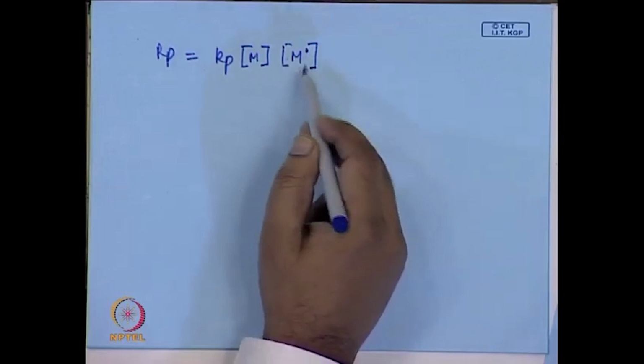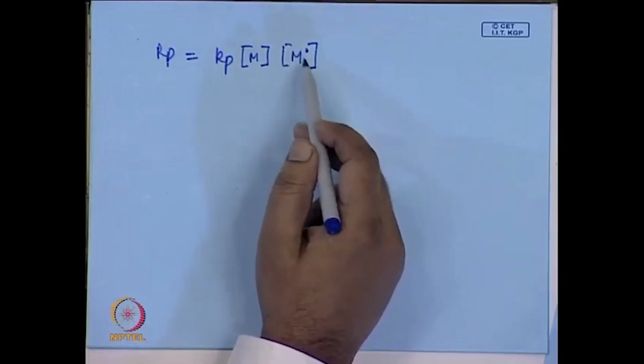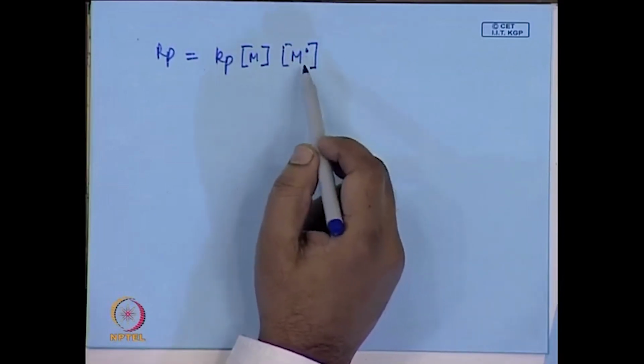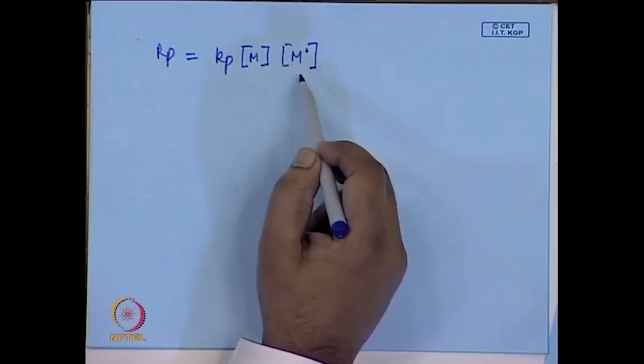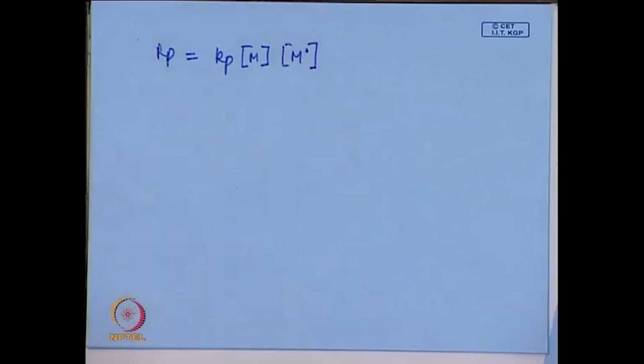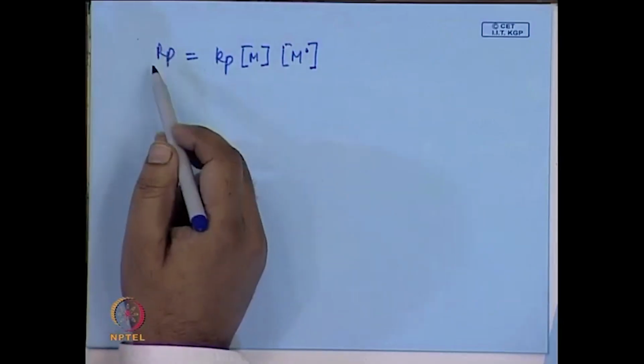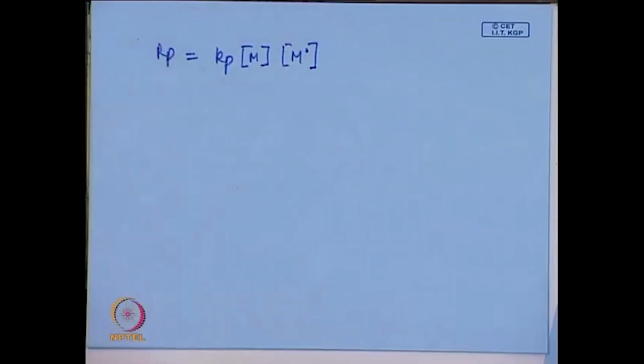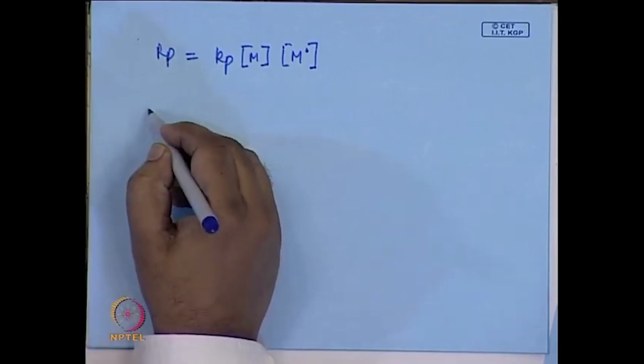Now, this is an unknown quantity, and it is very difficult to measure experimentally. So, how do you get this rate of polymerization? We assume a steady state.